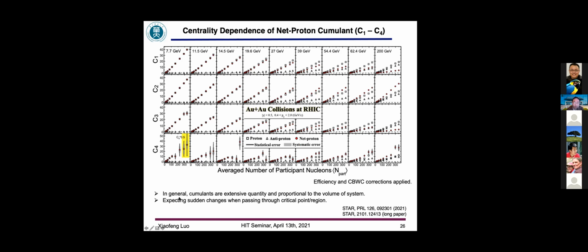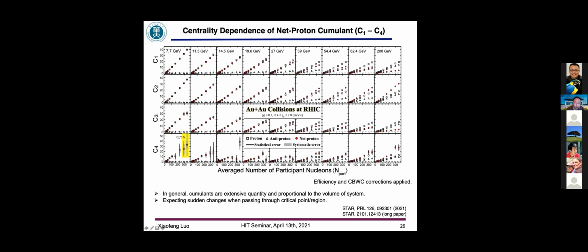High order fluctuations are more sensitive to the high power of the correlation length. So when the system approaches the critical point, we expect some anomalous behavior, some sudden change. For third order, we didn't see sudden change, almost linear.